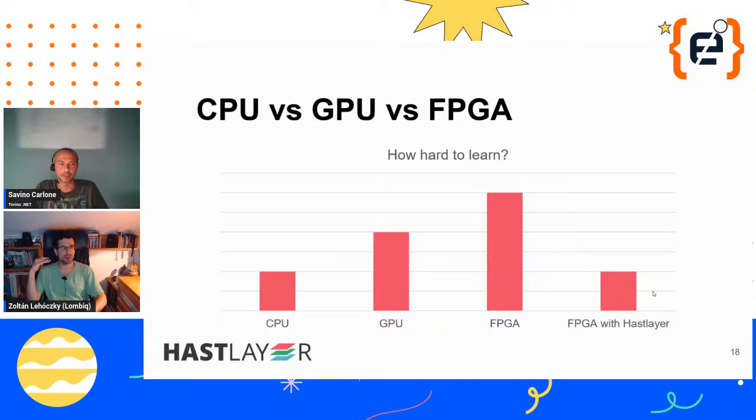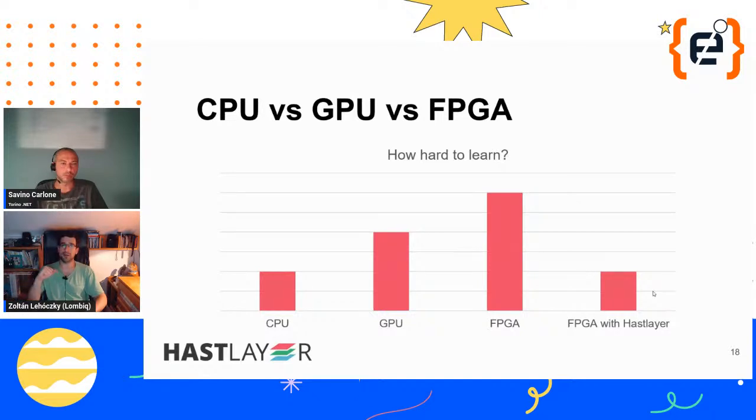You have to think in terms of wires and logic gates and clock cycles. You are not writing a program for a processor. You are kind of creating a processor for your algorithm. And this is where all the benefits come from, but this is where all the complexity comes from as well.